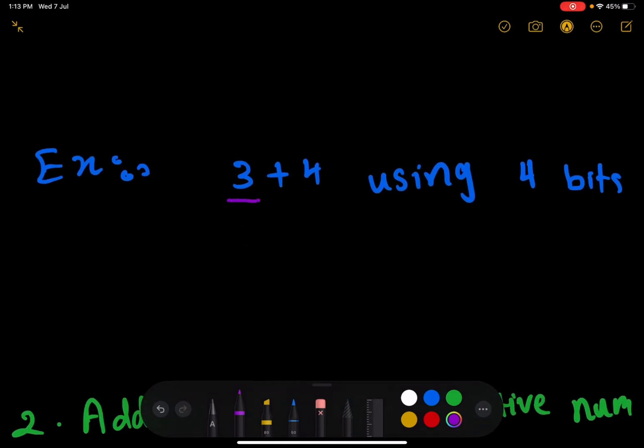We're adding 3 plus 4, and we're using 4 bits to represent each number in binary. So 3 in the binary system is 0, 0, 1, 1 using 4 bits.